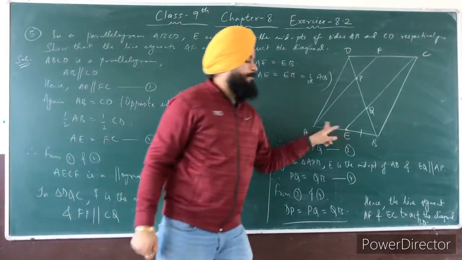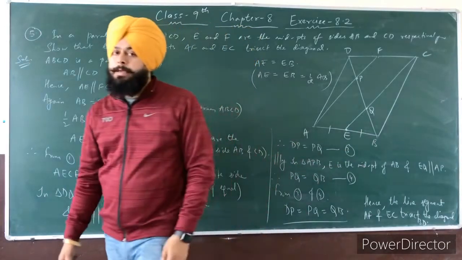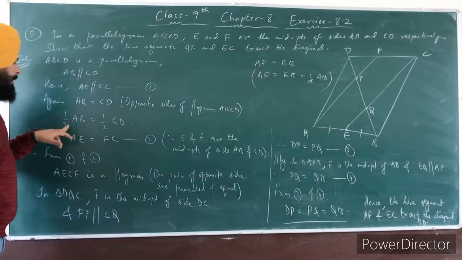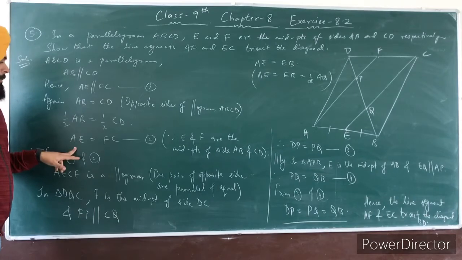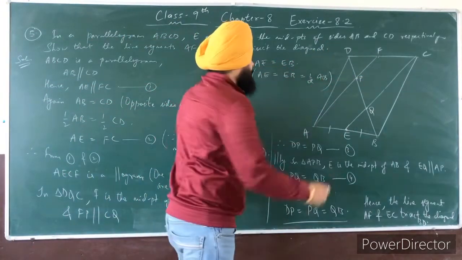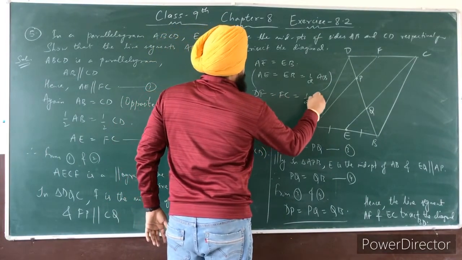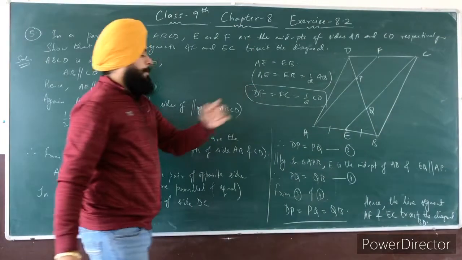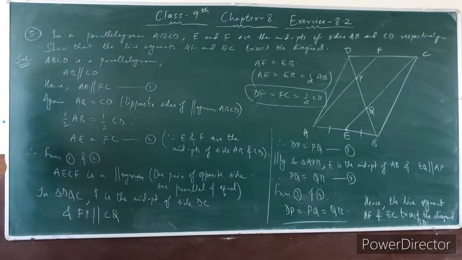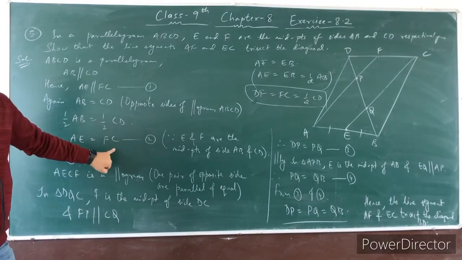On the other side CD, F is the midpoint of side CD. That's why DF is equal to FC is equal to half of CD, so we can write half of CD as FC.